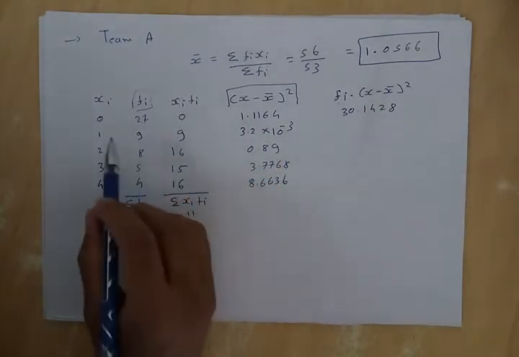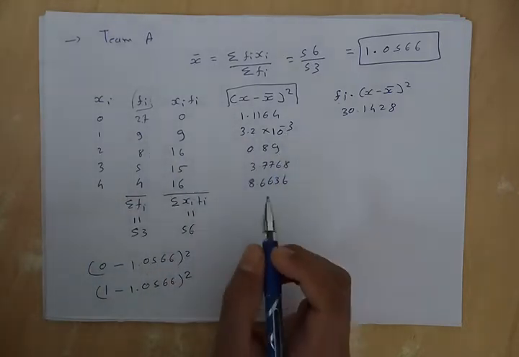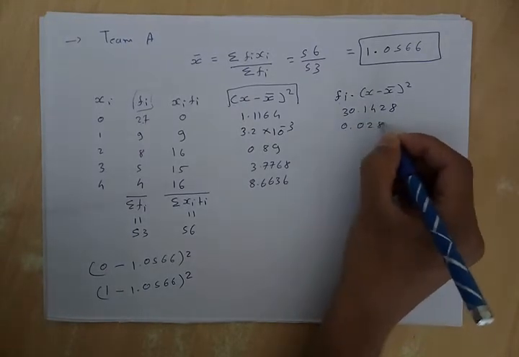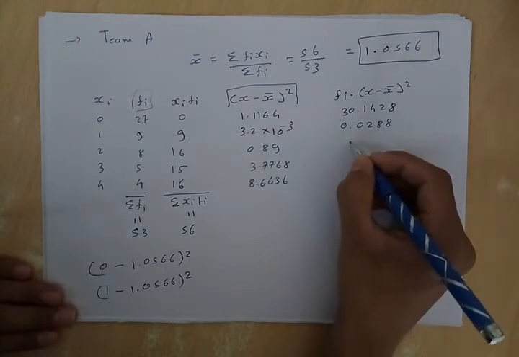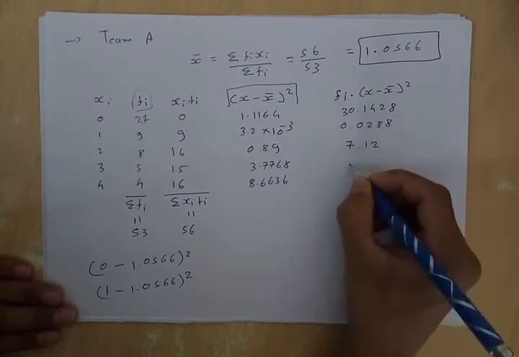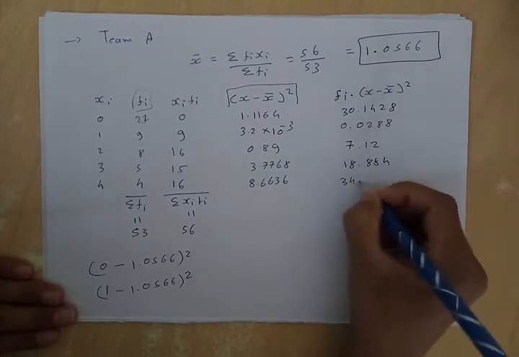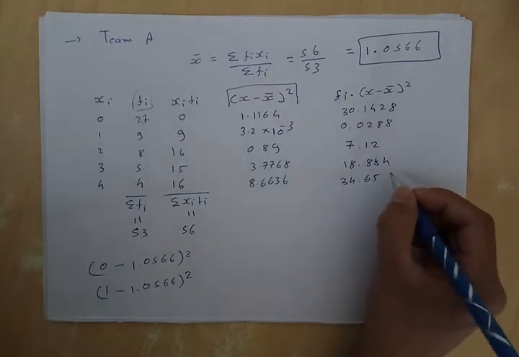Similarly, 9 times 3.2 times 10 raised to minus 3. So it will be 0.0288. Now I will write remaining values by following similar procedure. 34.6544.